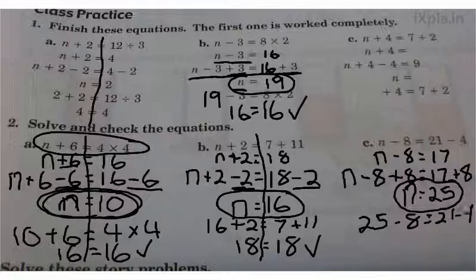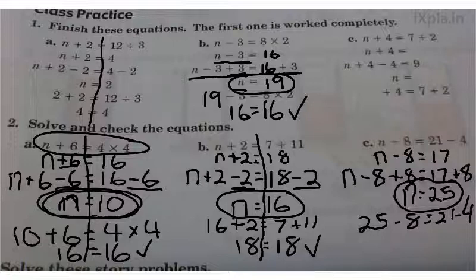Now I'm running out of room on my screen. I want you to go ahead and figure that out on your own. And when you do, at the bottom you should have it saying 17 equals 17 and a check mark next to it, because it checks. That's not your answer. Your answer is n equals 25. But that just showed you that it did check.